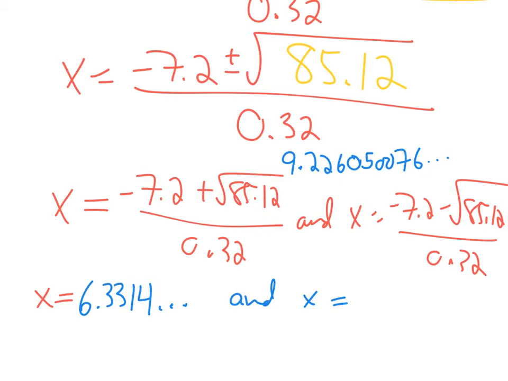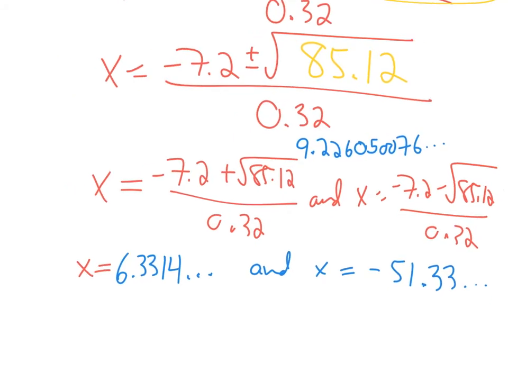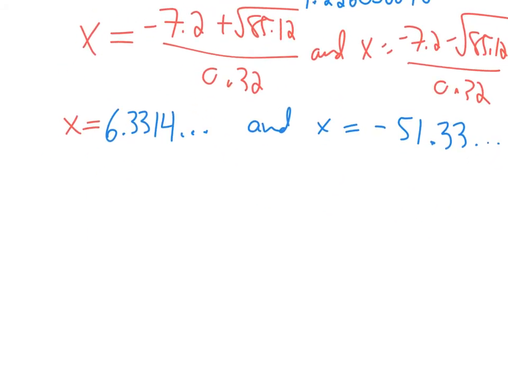So negative 7.2 minus the square root of 85.12, and that's going to equal negative 16.426, etc. And we divide that by 0.32, and that equals negative 51.33, etc. And let's now round, since we have no further calculations to do.